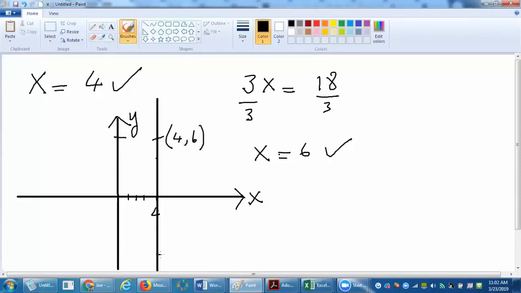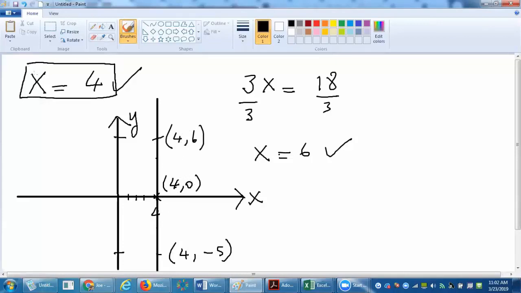Here, we still have x equals 4. Now y is probably -5. So here, also x equals 4, but y is 0. So on the vertical line, x is always 4 and y will have different values. So that's why we have x equals 4, a vertical line.